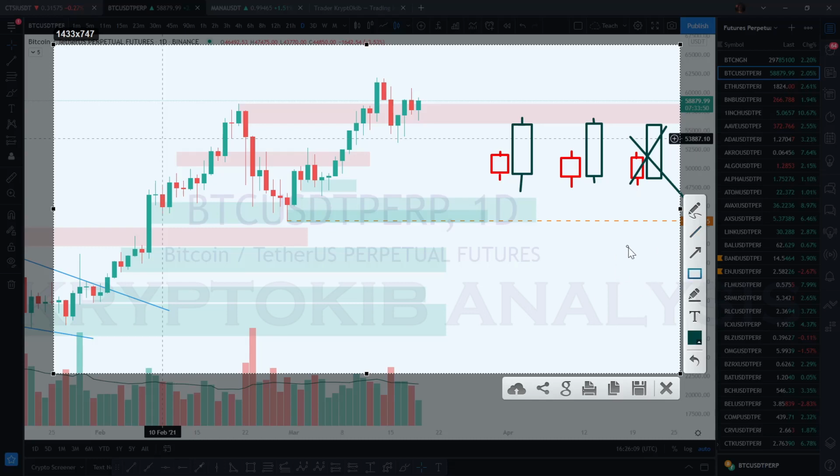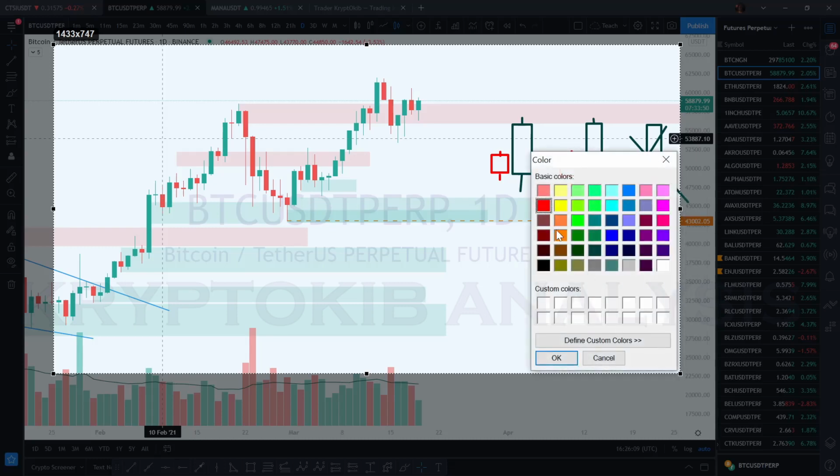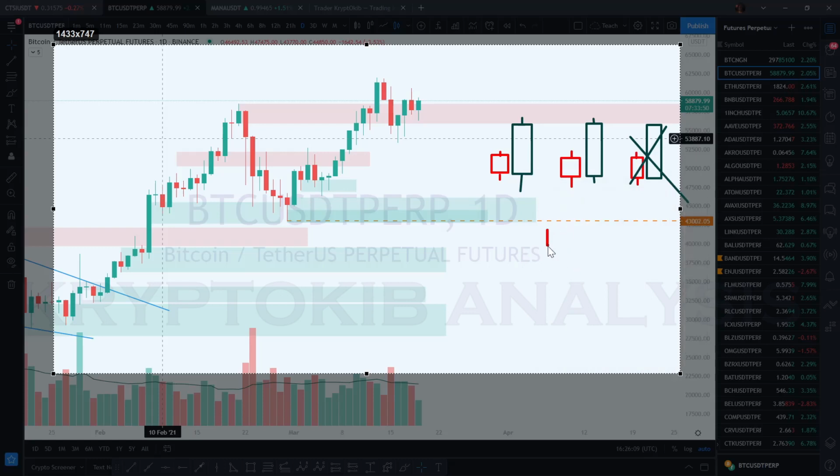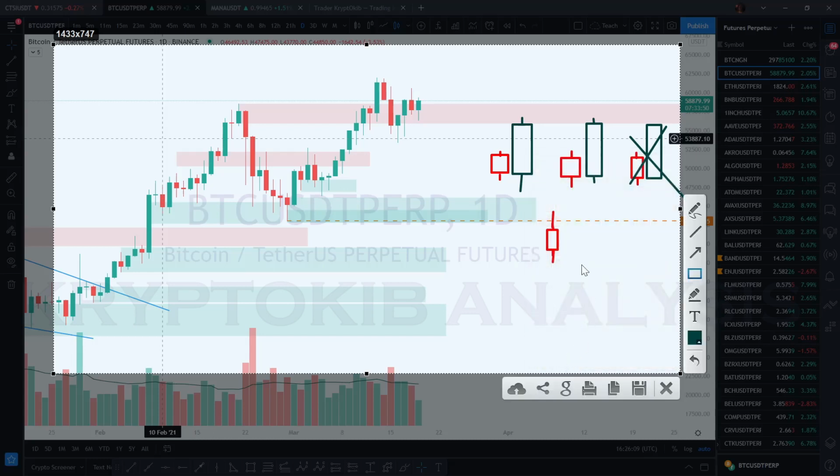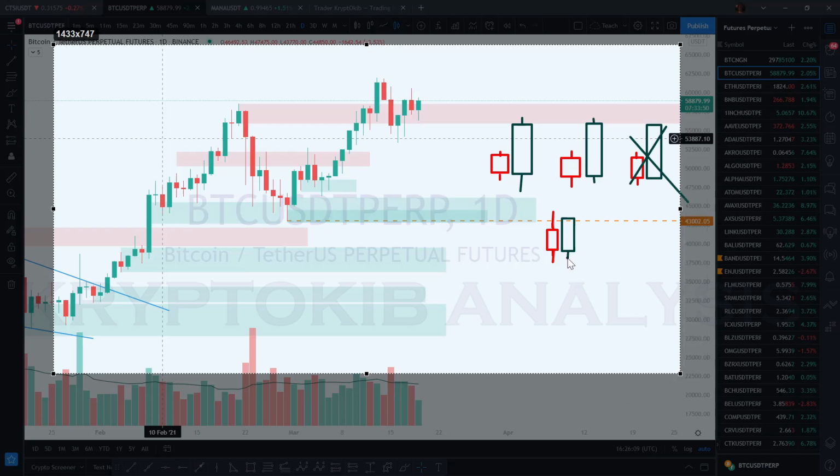So you have this red candle, a wick to the bottom, a wick to the top, like that. Then you have the engulfing candle, like this, with a wick to the bottom and a wick to the top.